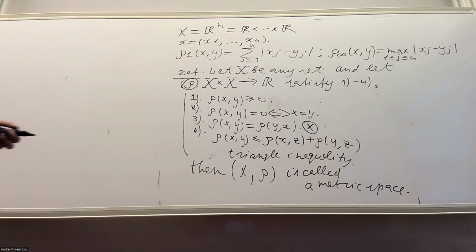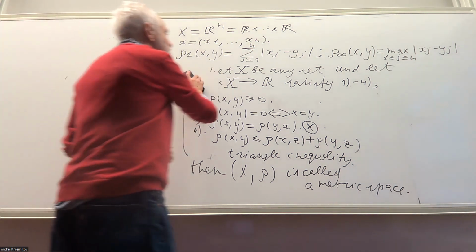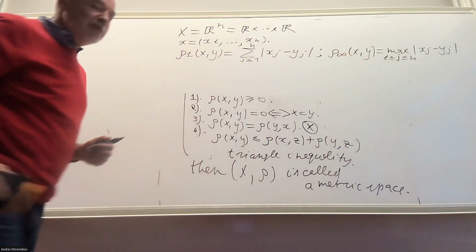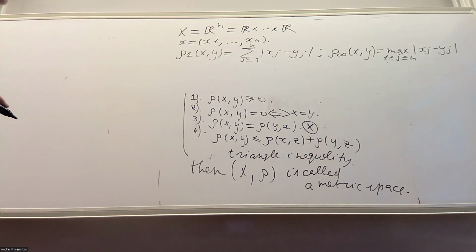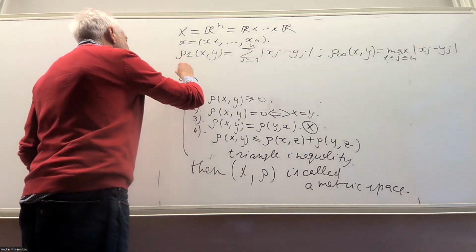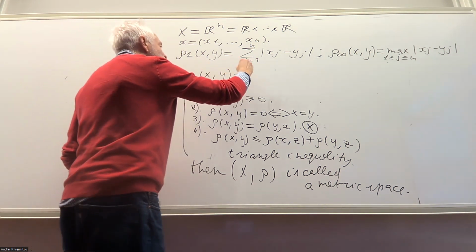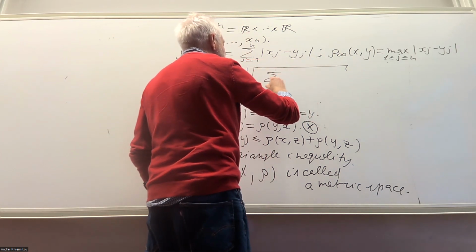And we can introduce the Euclidean distance, which is the most interesting for us, which is based on the n-dimensional generalization of the Pythagorean theorem. Rho 2 between two points is the square root of the sum of squares of differences.